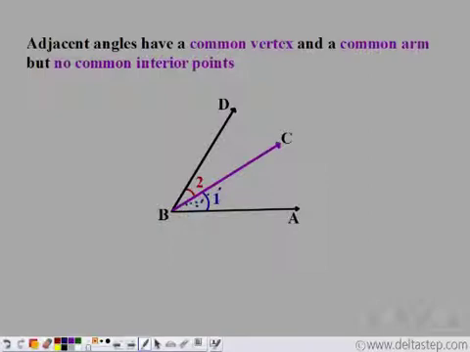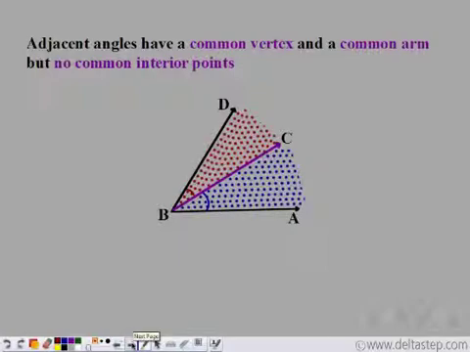So these points are in the interior of angle 1. And what are the interior points of angle 2? These are the interior points of angle 2. So these blue points are the interior of this angle and red points are the interior of this angle. We see that there is no point which is common to the interior of both the angles. So adjacent angles have no common interior points.